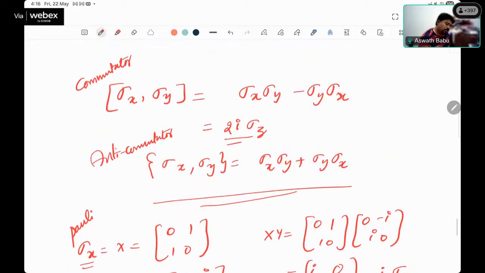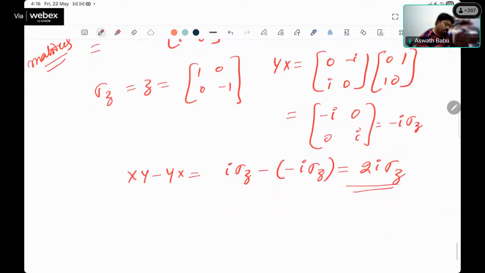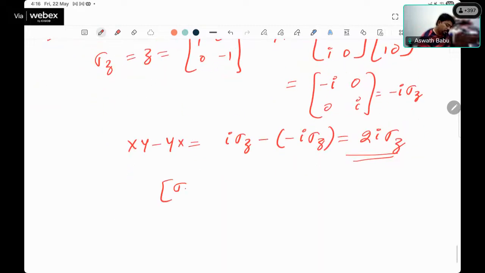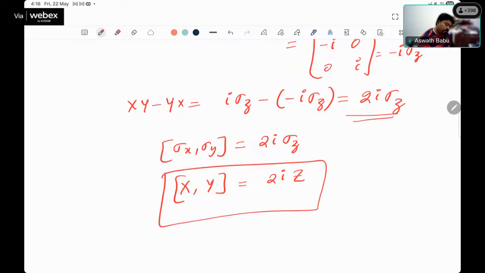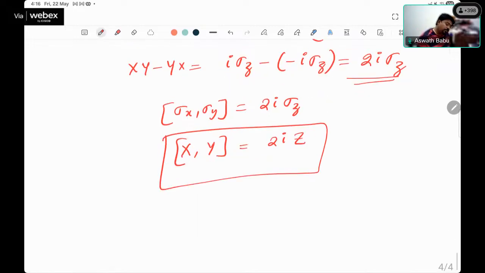Okay, so this is a cyclic relation between sigma x, sigma y, and sigma z. In short, you can write the commutator of x comma y is equal to 2i z, in terms of gate operations. Okay, if you interchange, if you just take y comma x, you will get minus 2iz.